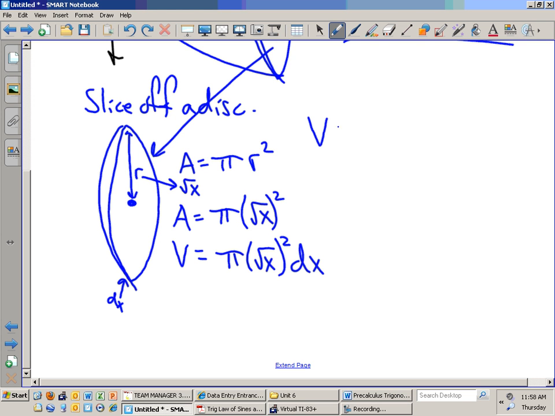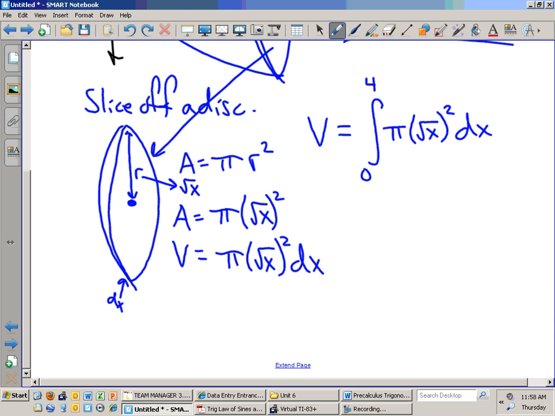The volume is equal to, we're going to add up an infinite number of slices. We're going to start at 0. We're going to go to 4. And these slices all have a volume of pi times the square root of x quantity squared dx.